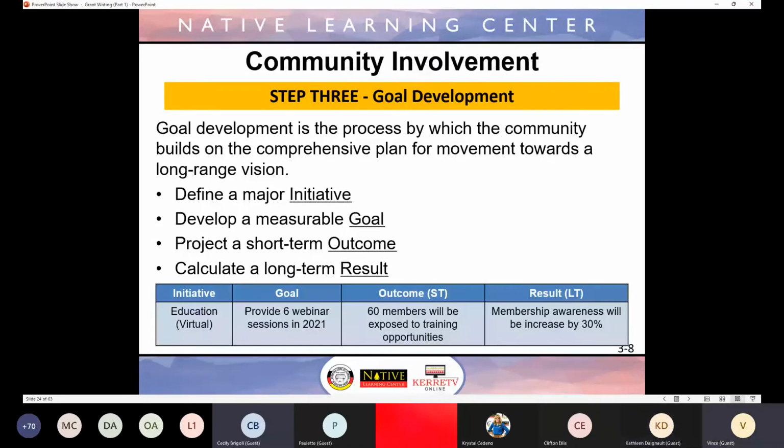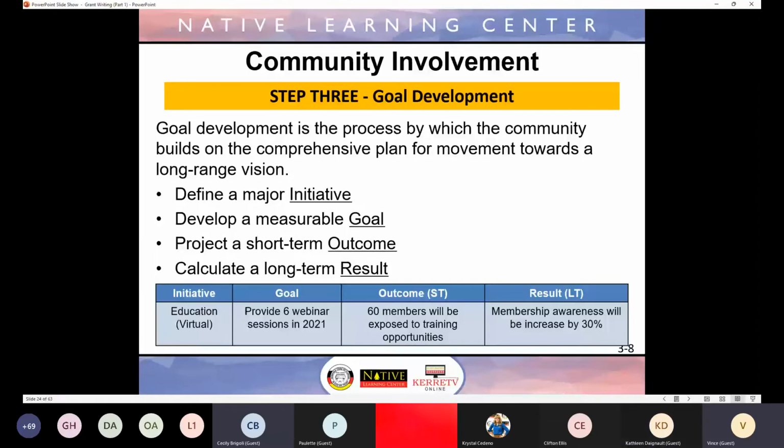So your initiative would be different. Your goal, you're probably going to have several goals under there. One of them would be the use of professional medical, I don't know what the specific goal would be. Use of behavioral health is basically what it would be under. So the major initiative would be behavioral health.